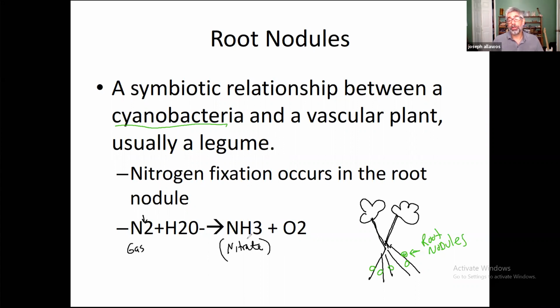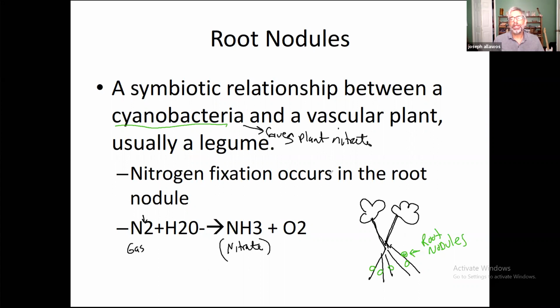Nitrate is a source of nitrogen that a plant can use. And so now the nature of the relationship starts to become a little more clear, right? The cyanobacteria gives the plant nitrate. A usable form of nitrogen.